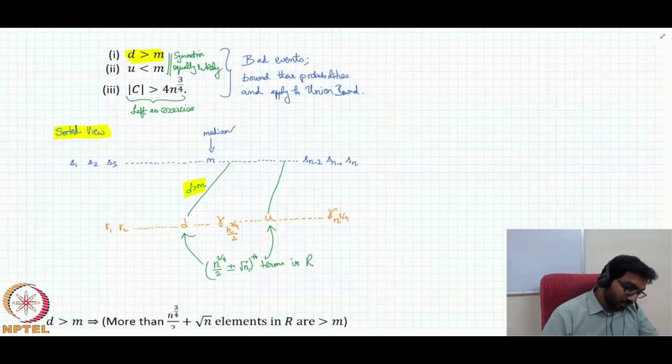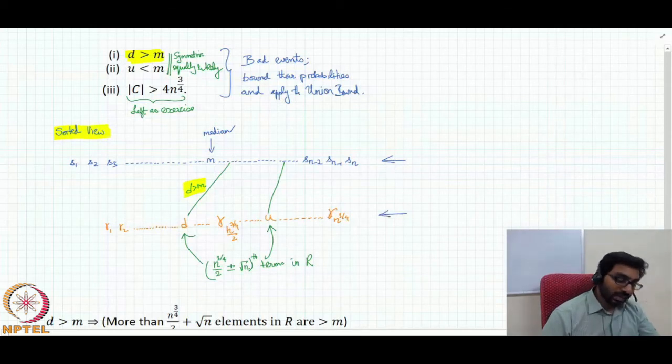Recall that we have the sorted view of S over here, and this is the sampled set R, and we take the median in the set R, walk square root of n steps to the left, we find the D, and unfortunately D happens to be larger than M. So this is the way in which this bad event occurs.